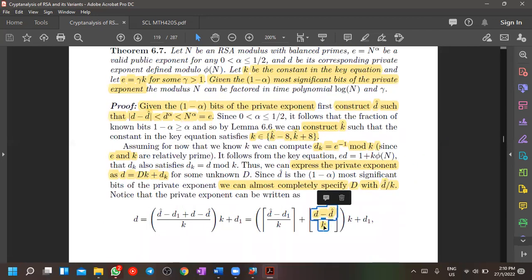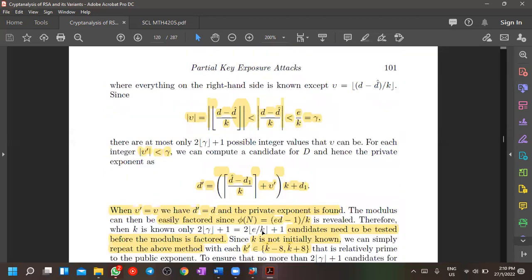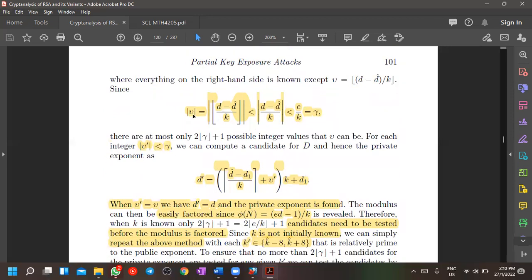This is v. Since v is less than e over k, which equals gamma, there are at most 2 gamma plus 1 possible integer values that v can be. So we can compute a candidate for d, and hence the private exponent is this.